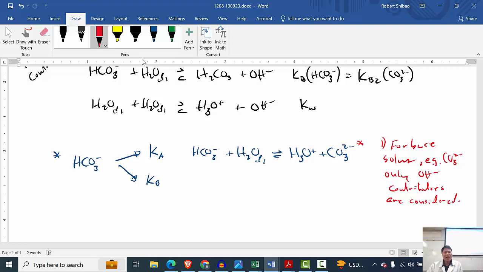And so this Ka is a hydronium contributor, not a hydroxide contributor, so we ignore it. I'll write ignore in quotation marks, because we don't really ignore it. Ignore H3O plus.